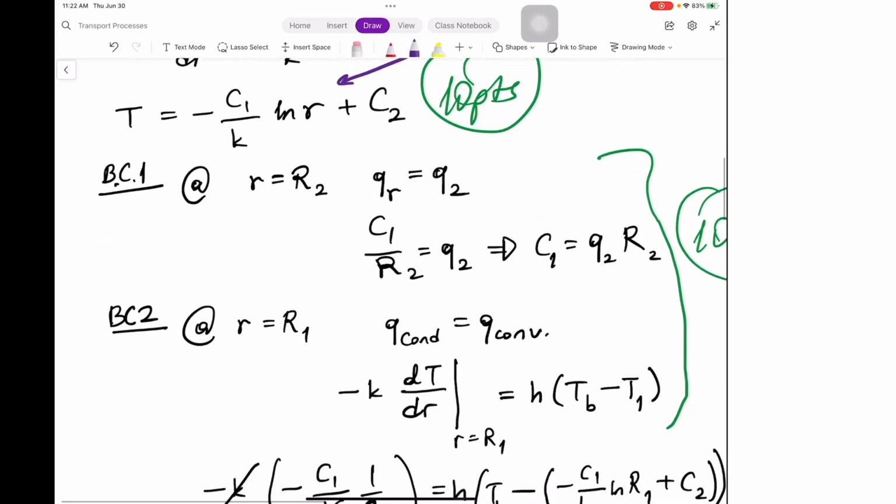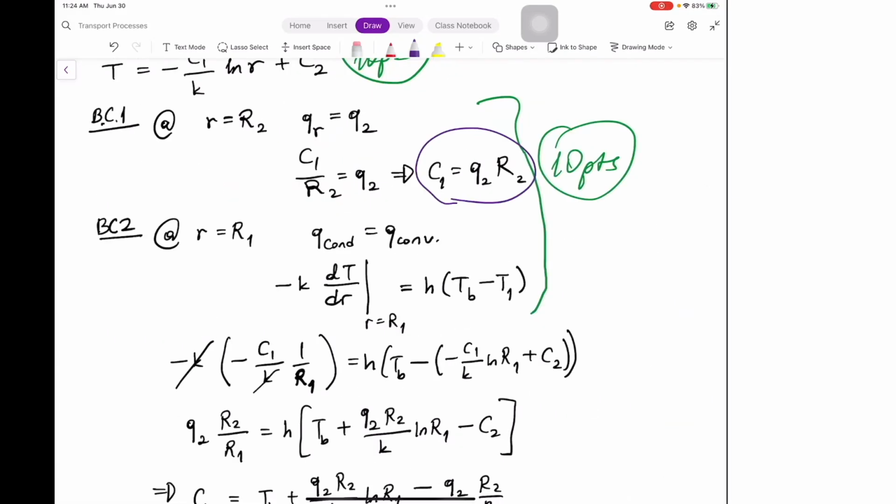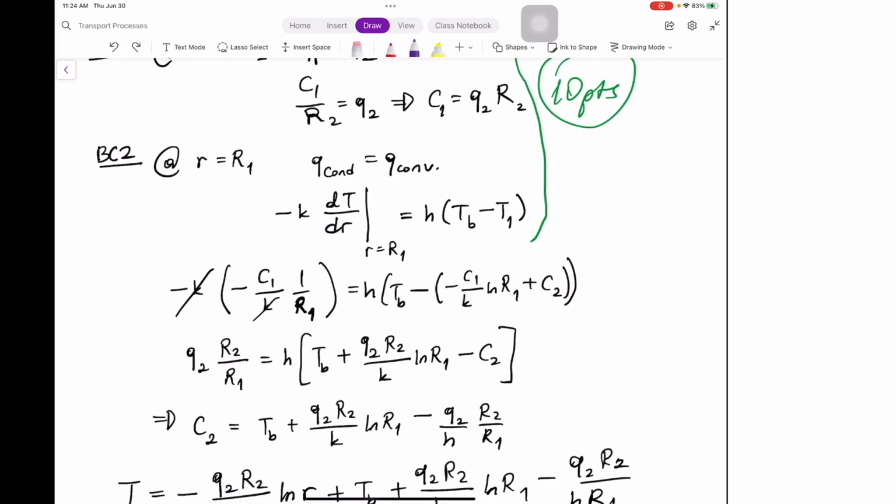And then your boundary conditions, as we said, at R is equal to R2, QR must be equal to Q2. The entire heat generated from the heater must be towards inside. So this gives us the C1, as we said above. And the other boundary condition is at R is equal to R1, the Q conduction must be equal to Q convection.